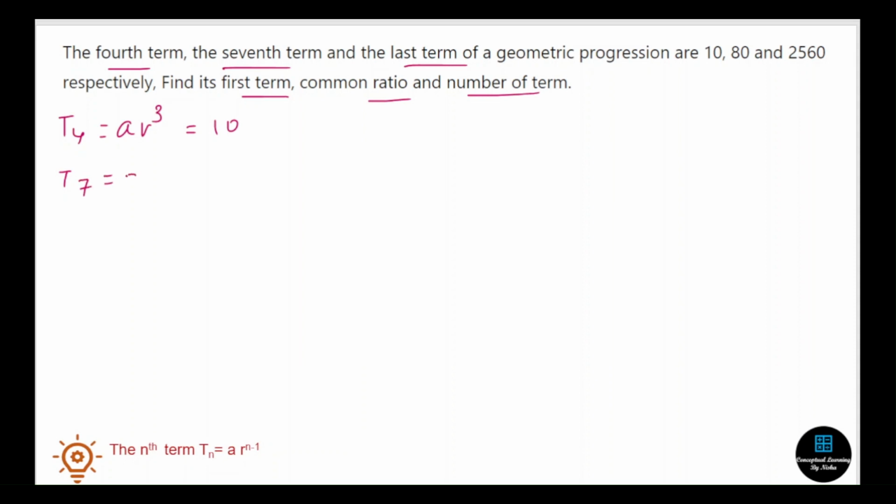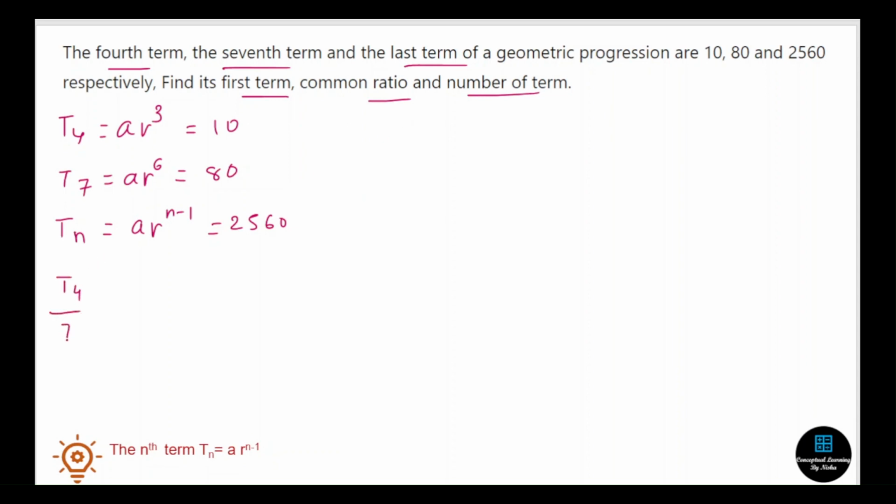T7 equals A r raised to 6. This is given as 80. And T nth term, last term is given, but we don't know which is the nth term. So we'll write this A r raised to n minus 1, which is equals to 2560.